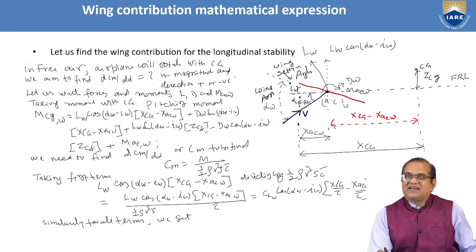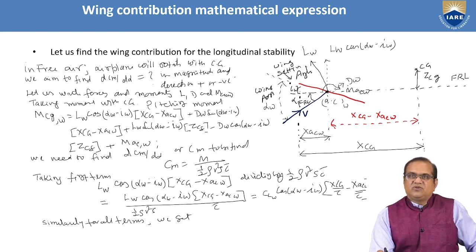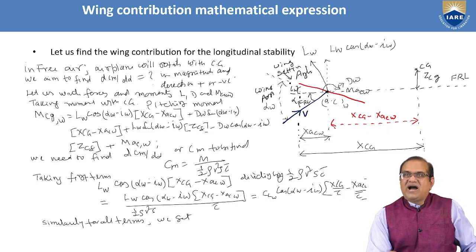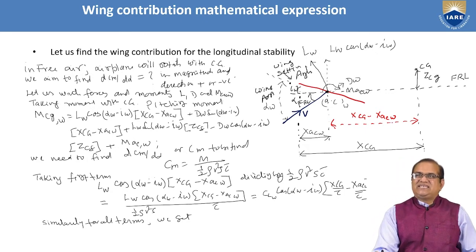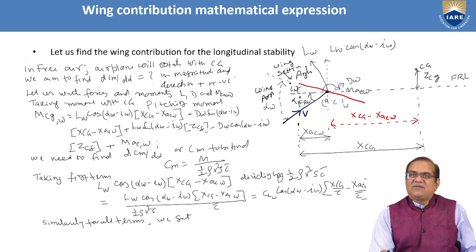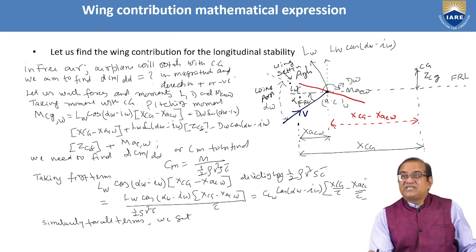Now the vertical component of D_W: this will be D_W sin(alpha_W minus i_W) into the same distance, x_CG minus x_ACW, plus here L_W sin(alpha_W minus i_W), another component, related to the vertical direction.